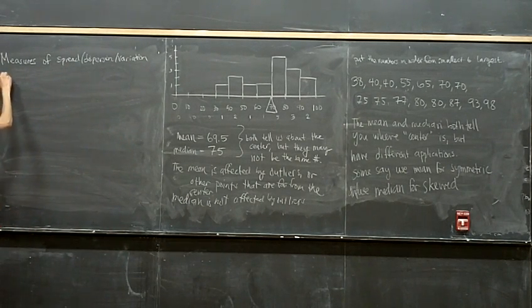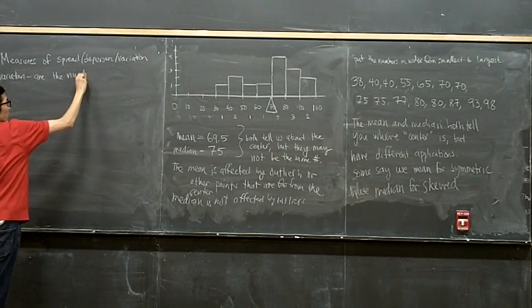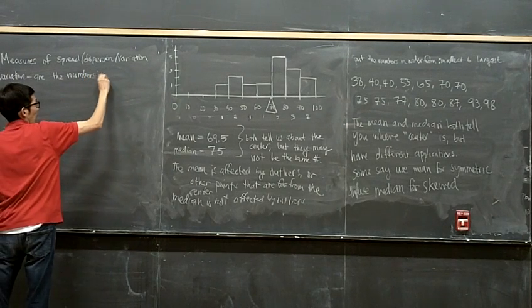So what is variation? Are the numbers similar to each other?